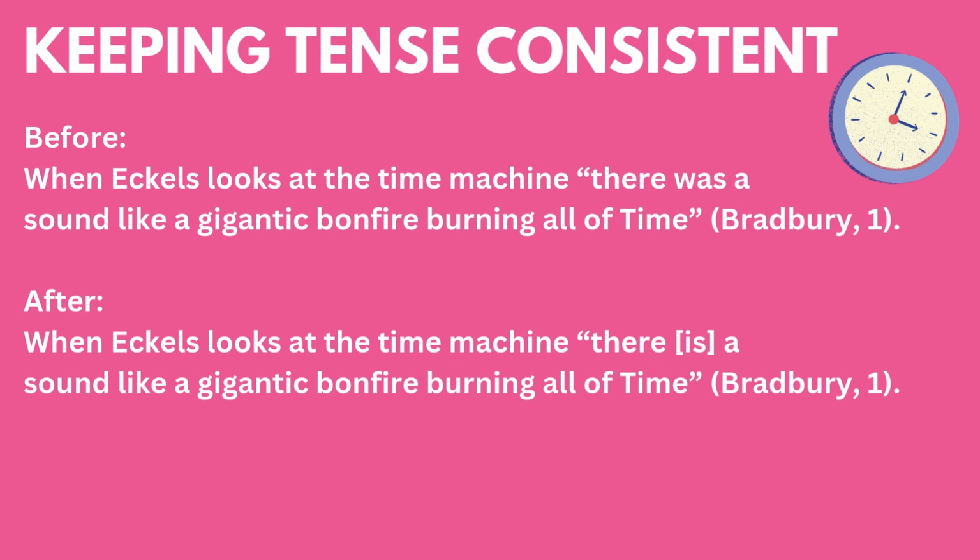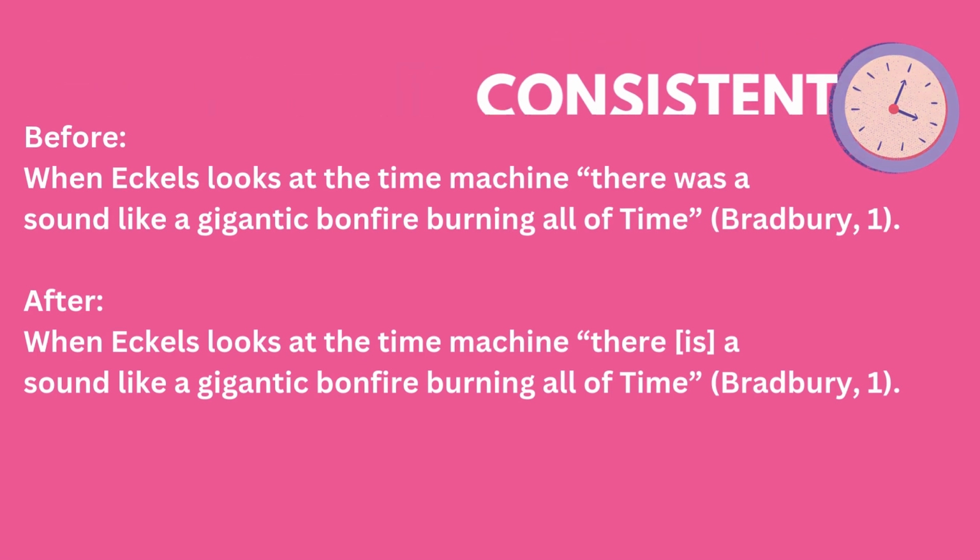When Eccles looks at the time machine, there is a sound like a gigantic bonfire burning all of time. So essentially the square bracket there is just indicating that I've either slightly changed a word, like in our first example, picked to picks, or that I have exchanged a word, here our was for is, in order to keep that tense consistent.